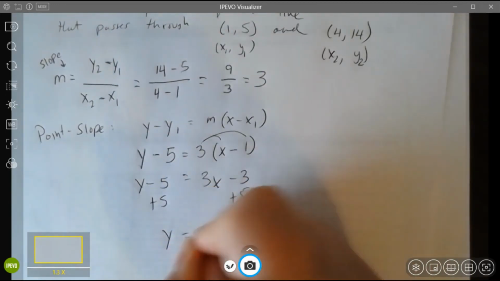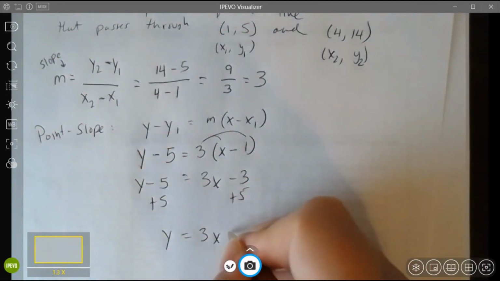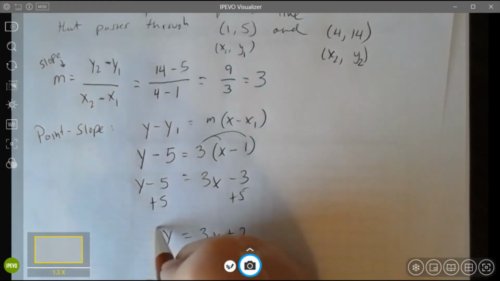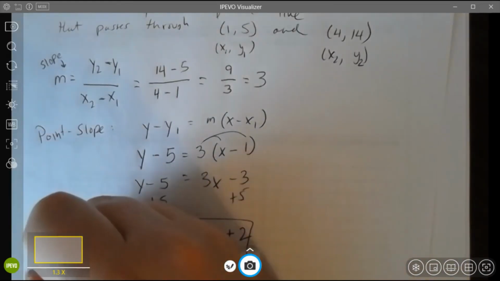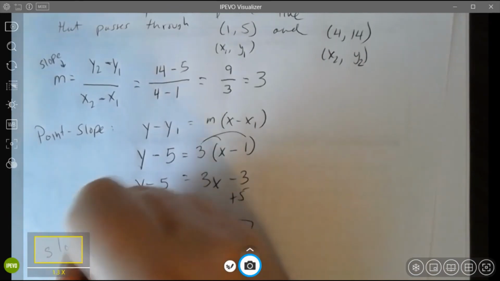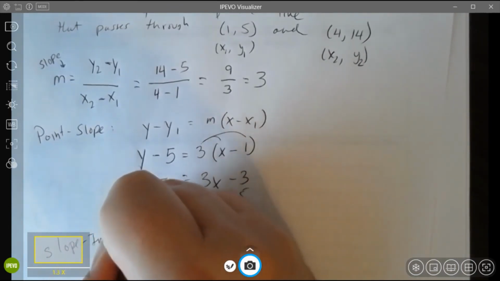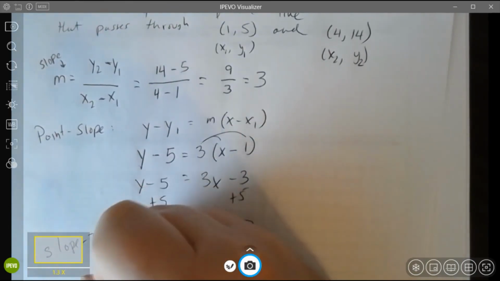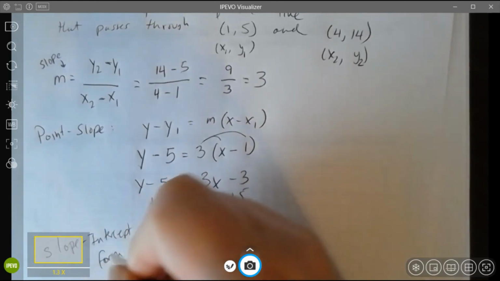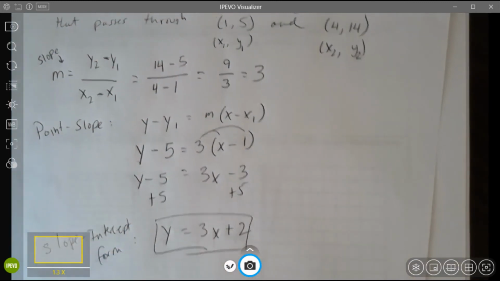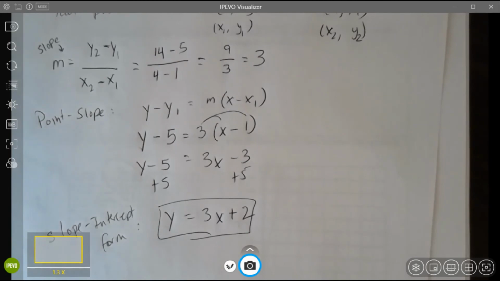This is going to be y equals 3x plus 2. So this is the slope intercept form, and this is the form that you should put it in. So here my slope is 3 and my y-intercept is 2. And then in the next video, I'll talk about graphing.